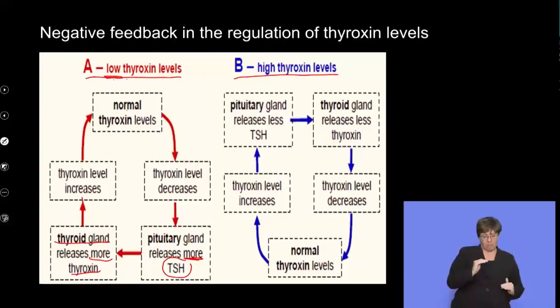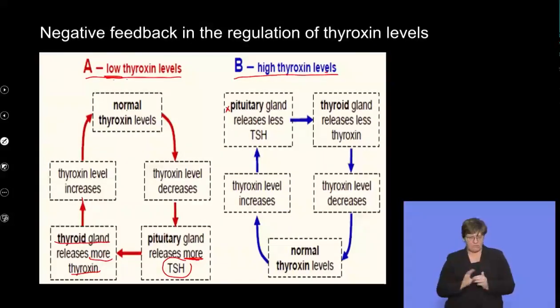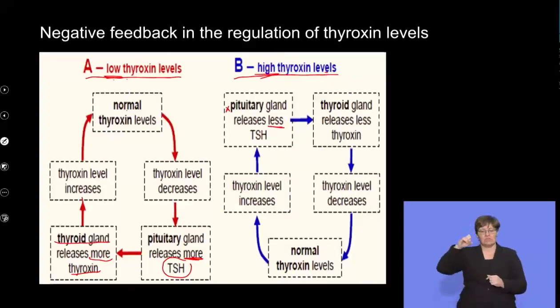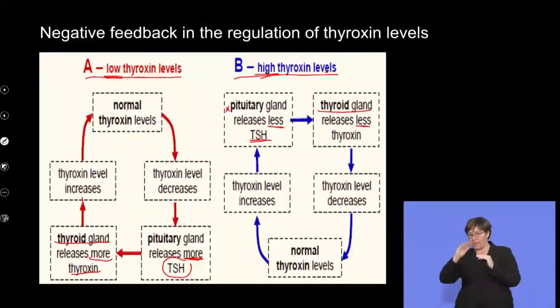Then when thyroxine level is too high, what will happen? Again, we start with our pituitary gland, which will secrete less thyroid stimulating hormone because now thyroxine is high. This is for the thyroid gland to secrete less thyroxine.